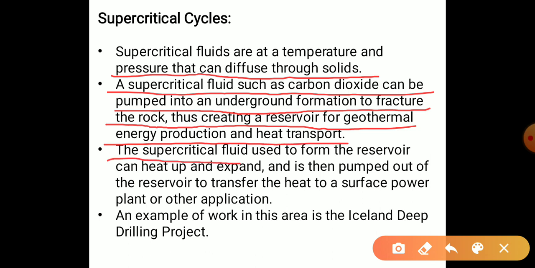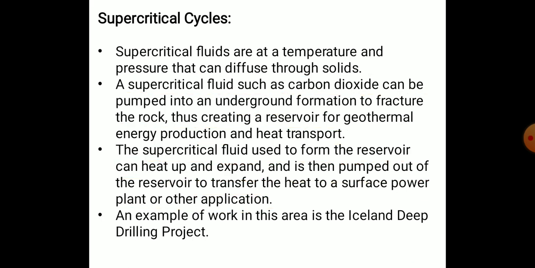The supercritical fluid used to form the reservoir can heat up and expand, and is then pumped out of the reservoir to transfer the heat to the surface power plant. So this is also a most important feature which can be introduced for generating power through the geothermal process.